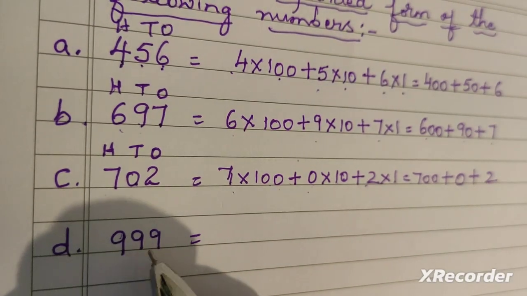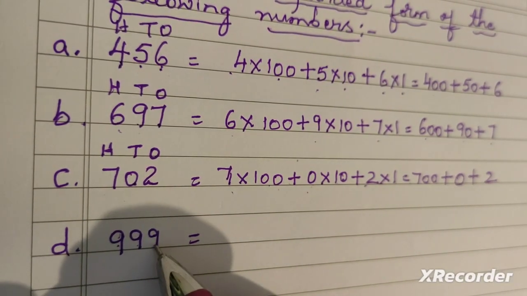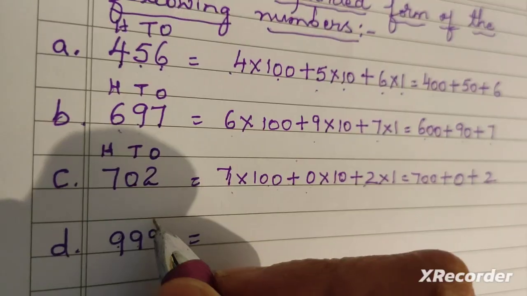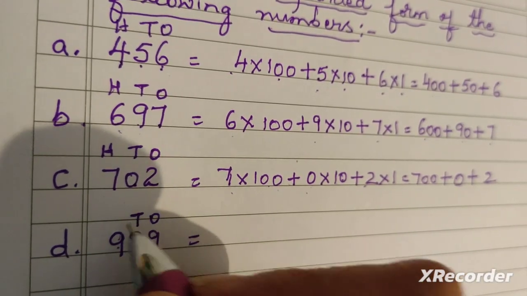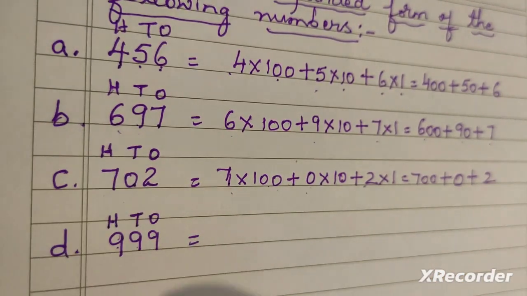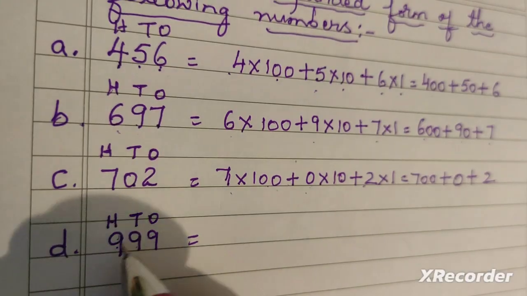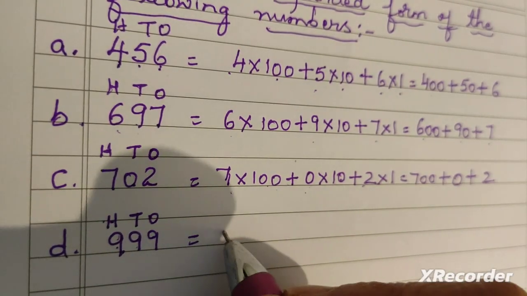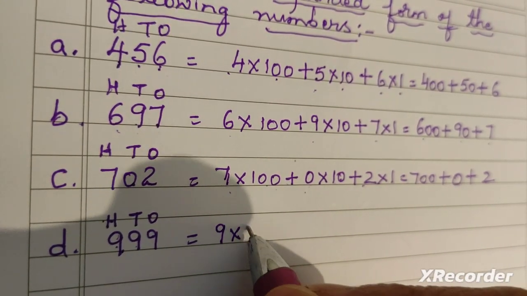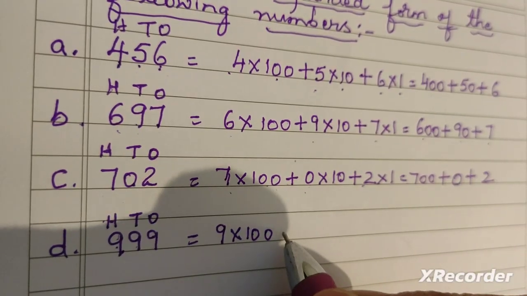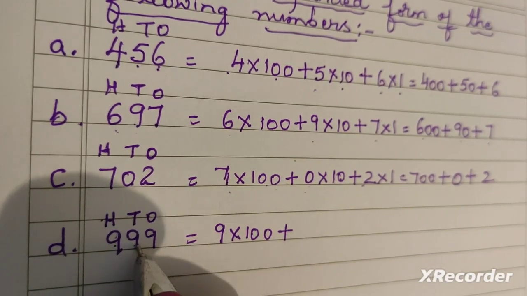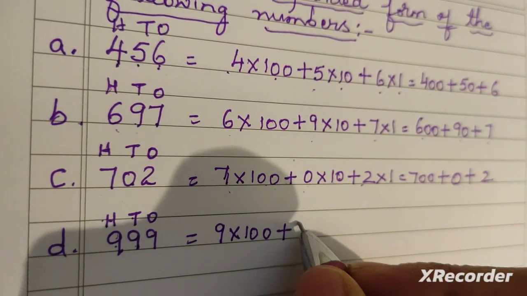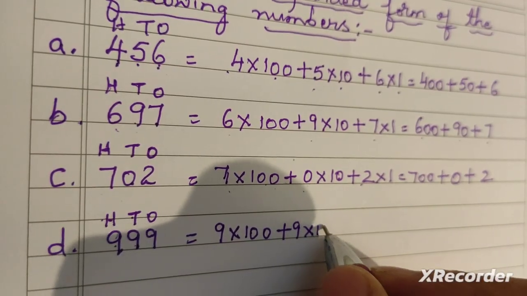Then the last one, 999. Ones, tens, hundreds. Here you have 9 in hundreds place. So again 9 into 100 plus 9 is in tens place. 9 into 10.